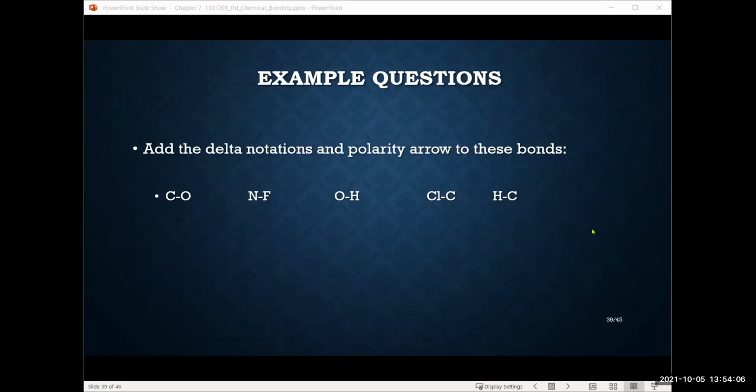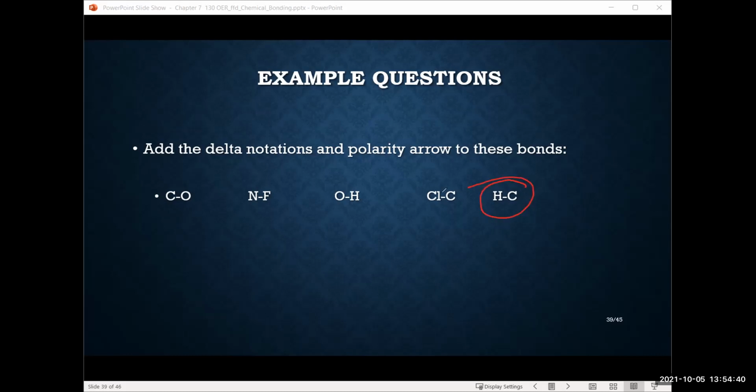In this case, you may be given a bond and asked to write the delta notation, meaning the partial positive and the partial negative, and then write a polarity arrow in the direction the atoms are placed for you. So we have carbon and oxygen. First things first, if I look through all these bonds, I can see they're different atoms, so automatically I know I'm going to have polar bonds, except this one.